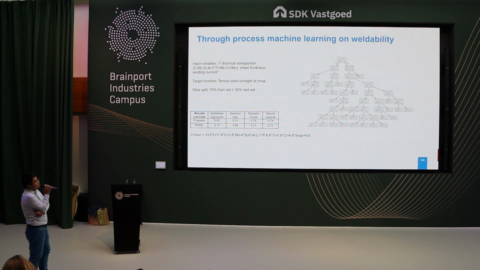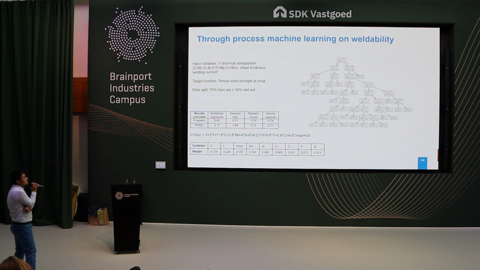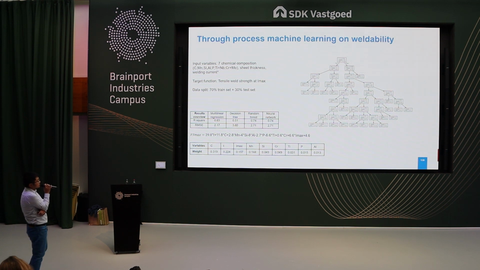At every block you make a judgment whether it splits into true or false until you reach the last layers. The advantage of such a random forest or tree-like model is that you can know the weighting factors of all your input variables.